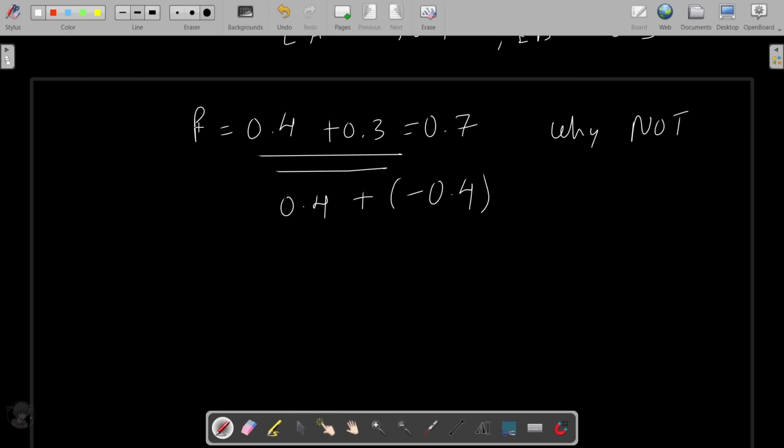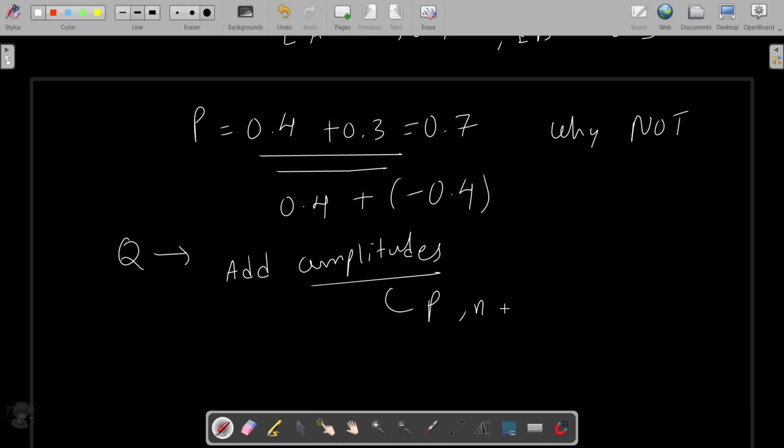Let me write it here. Quantum is different. Quantum does not add probabilities first, it adds amplitudes. And amplitude can be positive, negative, complex.